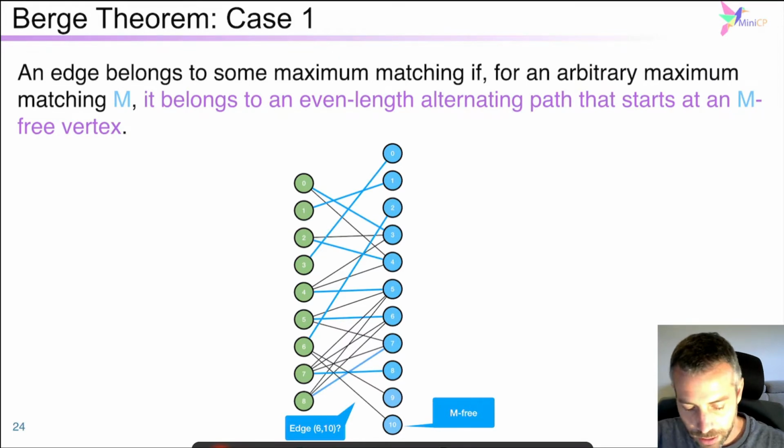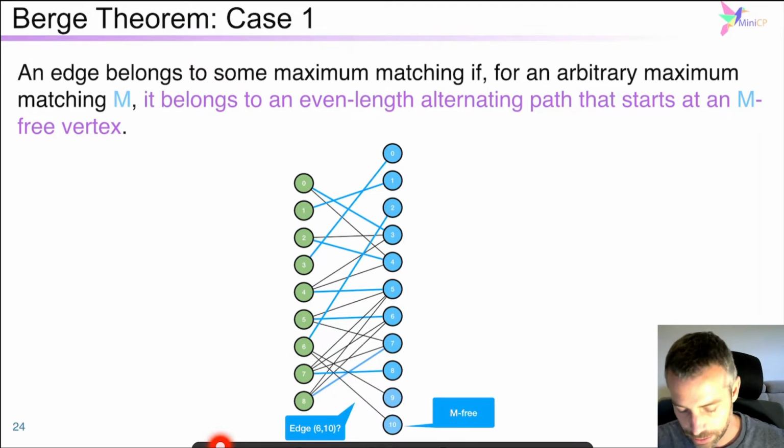So the case one of this theorem. Let's start from a maximum matching that is represented in blue. That's a maximum matching in my bipartite graph. And the first case of the theorem tells me that an edge belongs to some maximum matching if, for this matching, it belongs to an even alternating path that starts at an M-free vertex.